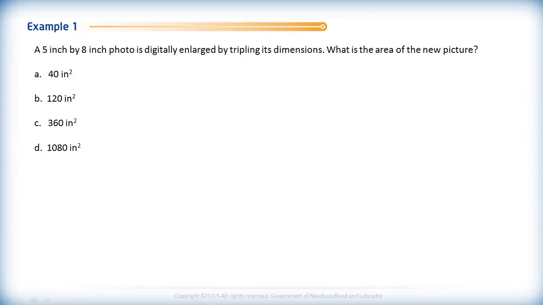Okay, so the quick way to do this would be to say the area of the image is what we're after. And the area of the original, or the actual, is 5 by 8, which is 40, and it was in inches squared. The area of the image, if you remember, is k squared times the area of the actual.